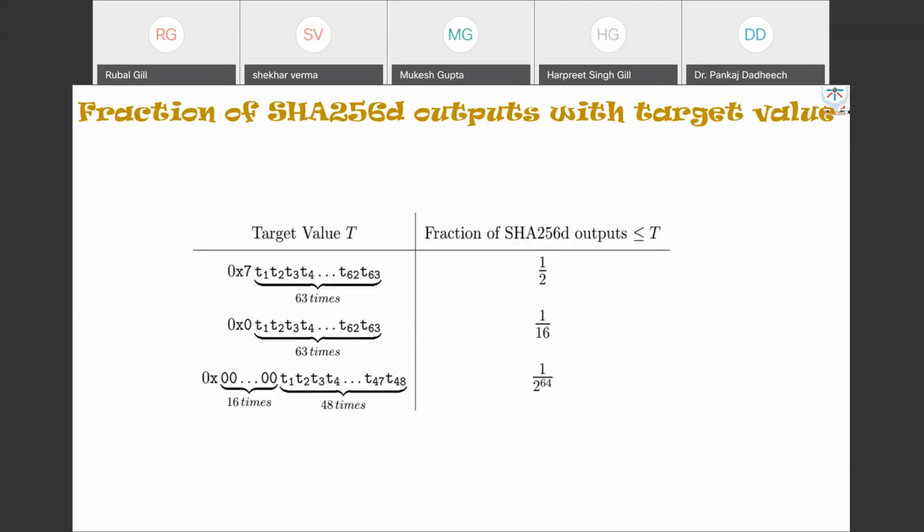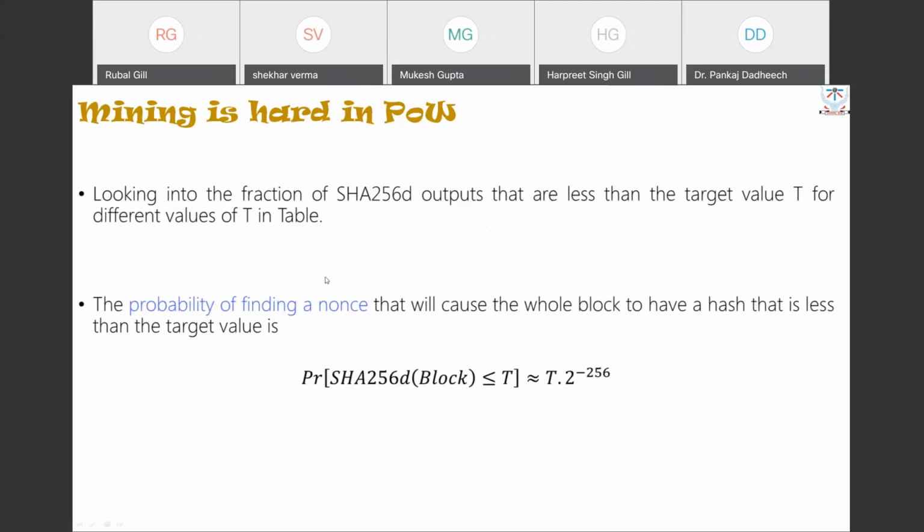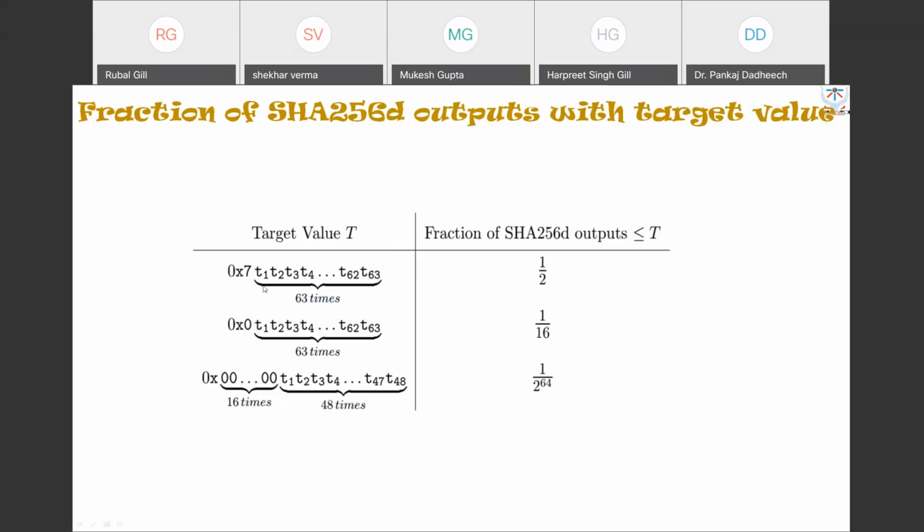So this is a tough cryptographic puzzle. For example, in SHA-256D, which is used in Bitcoin, there is a target value T. And if you want 16 such leading zeros, the probability is 2 to the power minus 64, and hence the total amount of effort that you need to do is large, because no algorithm exists. You have to put values and check, put values and check, put values and check, and hence it's a brute force technique.